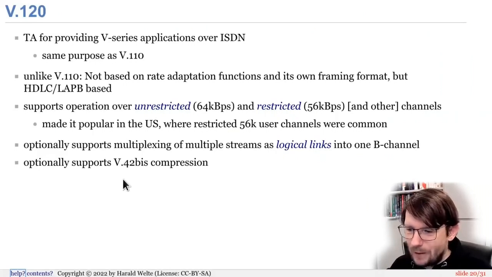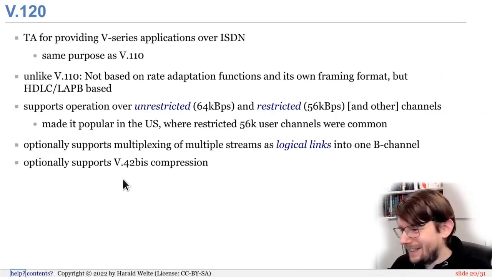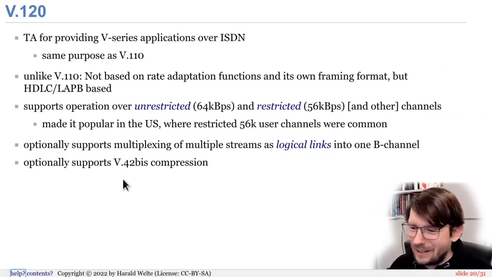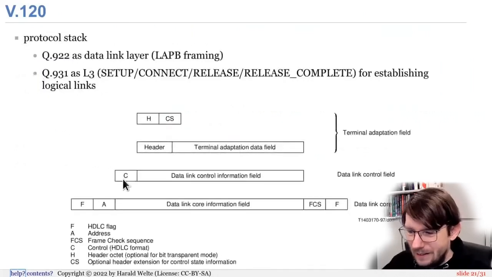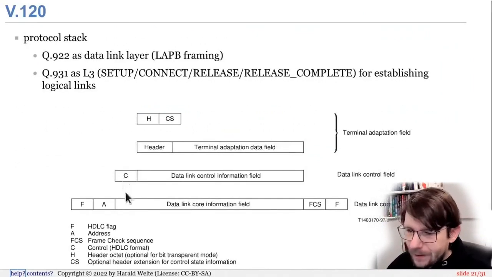Though, of course, if you're transmitting a 9600 BPS low bitrate signal, there's not really much need to compress it if you have a 64 kilobit channel anyway. But I think this makes more sense in the context of having multiple logical links inside the B channel. So it has an entire protocol stack inside the B channel.